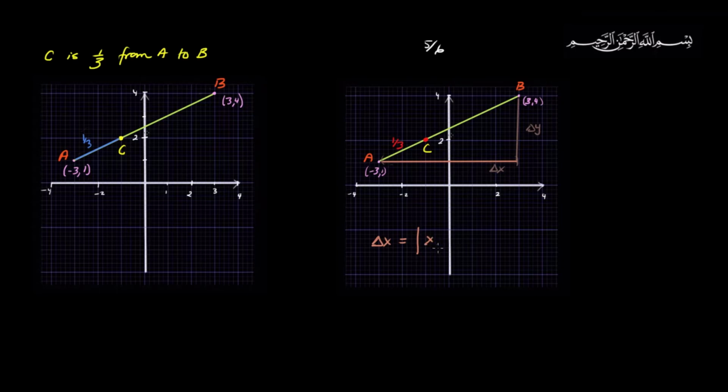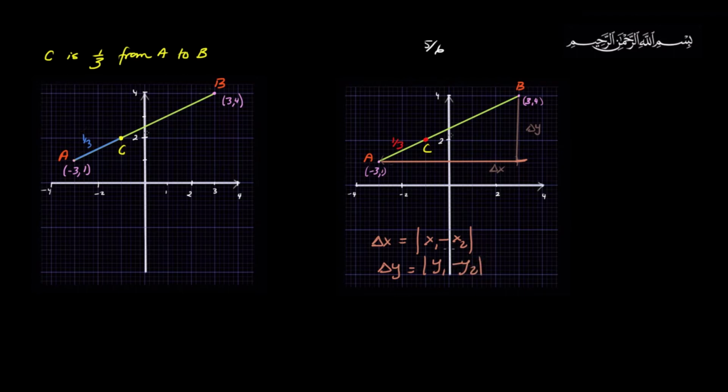So I take x1 minus x2 and take the absolute value of that, and that'll give me the change in distance, because the absolute value is the distance between any 2 points. In the same way, the change in y is simply the absolute value distance in the y direction, so that's y1 minus y2.